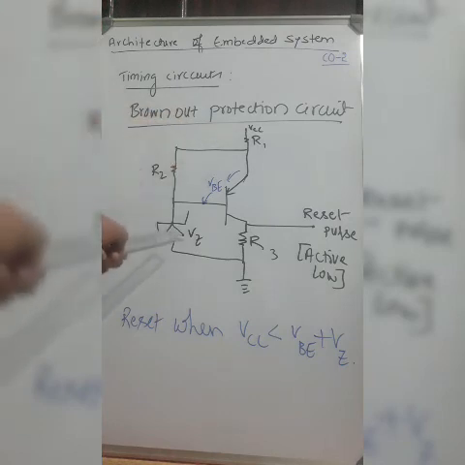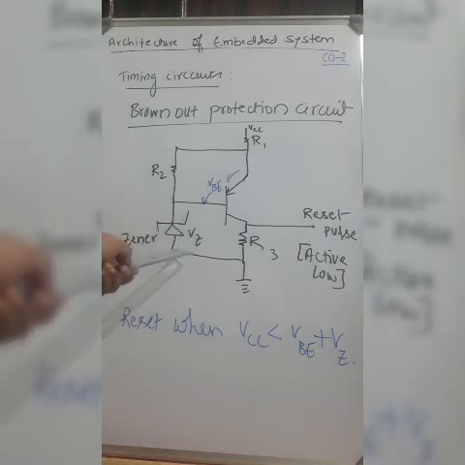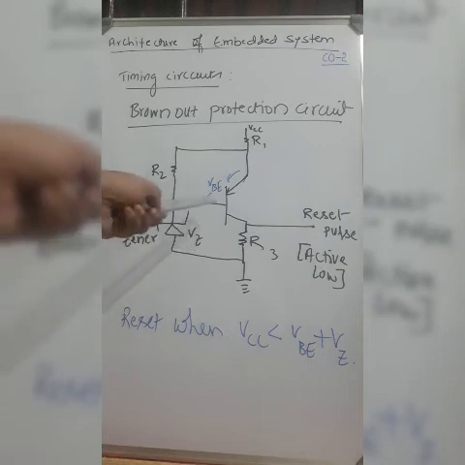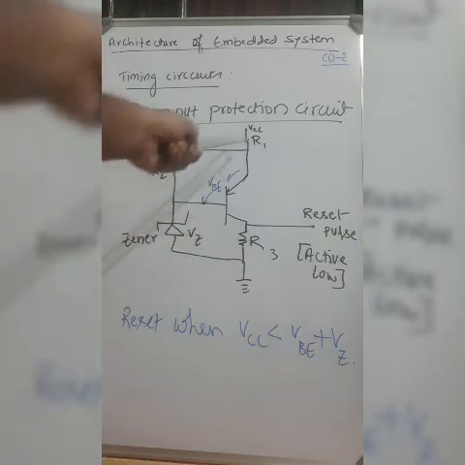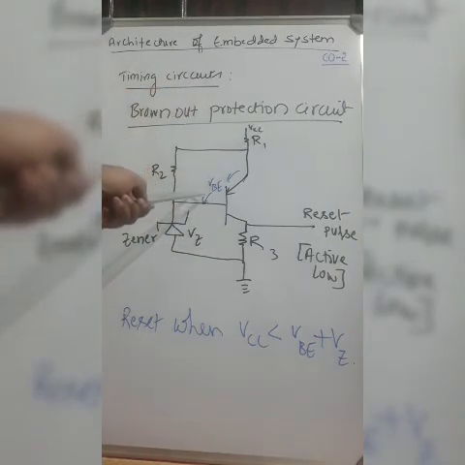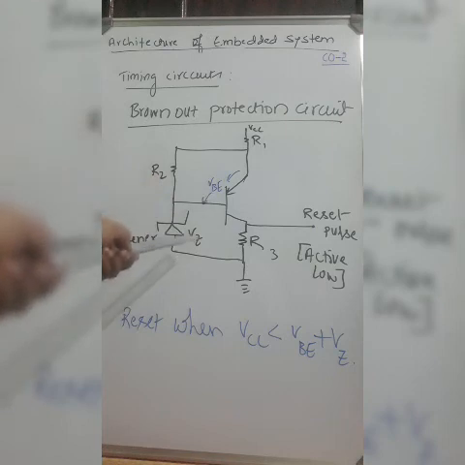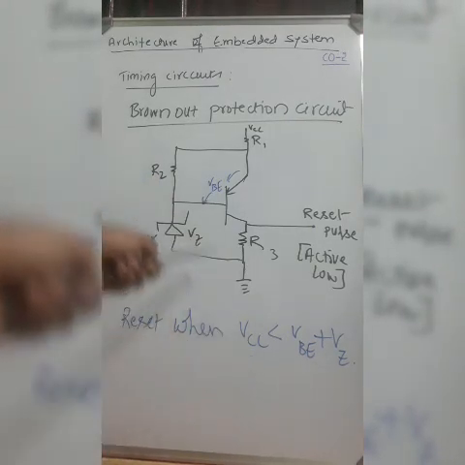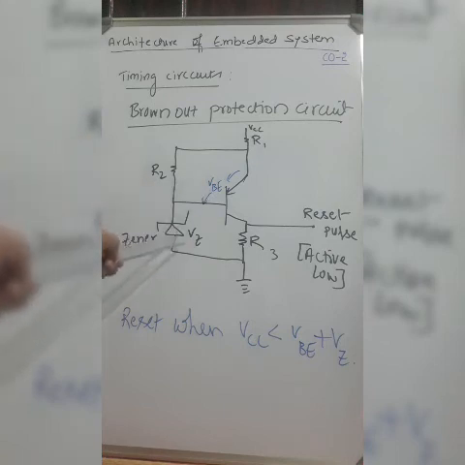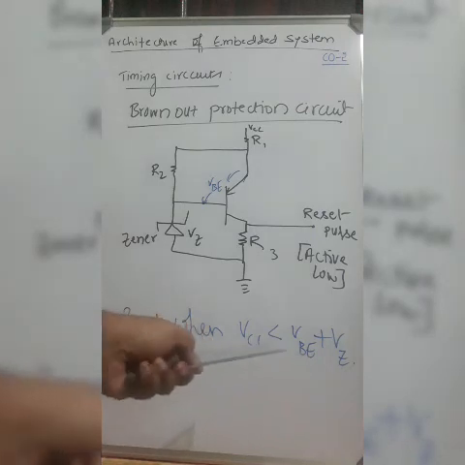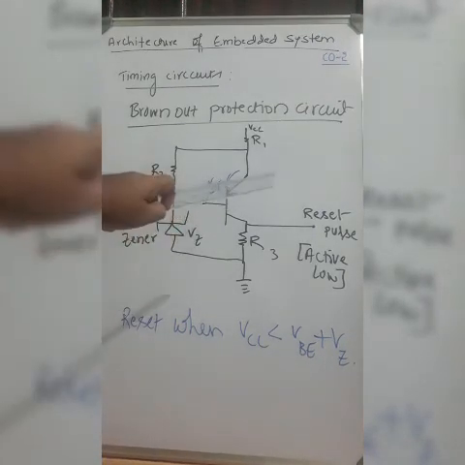Here you have VZ, that is a Zener diode providing VZ, so that a constant reference voltage is provided. The transistor conducts only when VCC exceeds the sum of VBE and VZ. So as long as the applied voltage is lesser than VBE plus VZ, that is, lesser than the reference voltage, the transistor remains off.